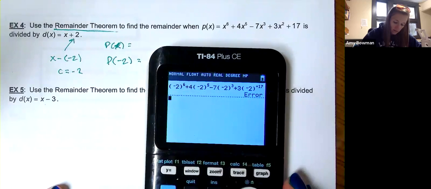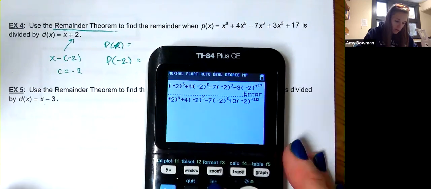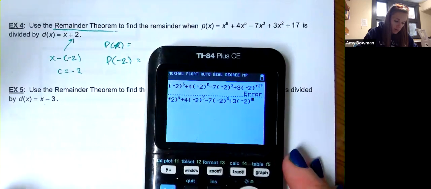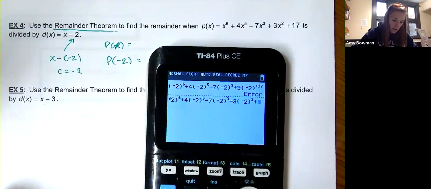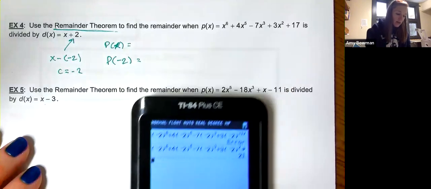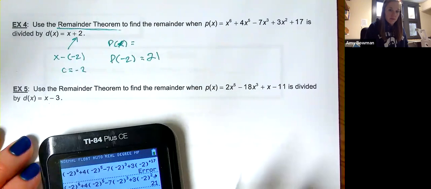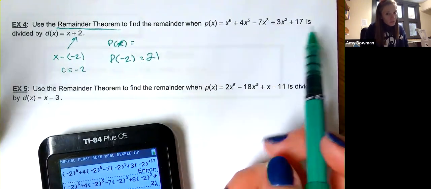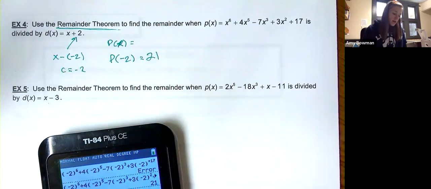Of course I didn't type that in correctly. Squared plus 17, 21. So since we get 21 when I plug in, I know the remainder when p of x is divided by x plus 2 is 21, which also tells us that x plus 2 is not a factor of that.